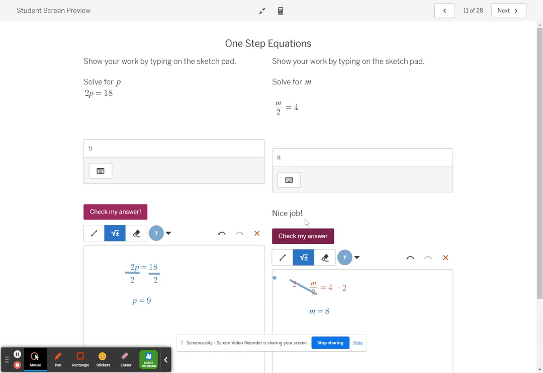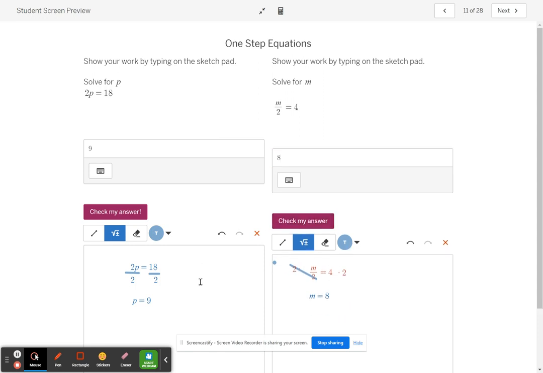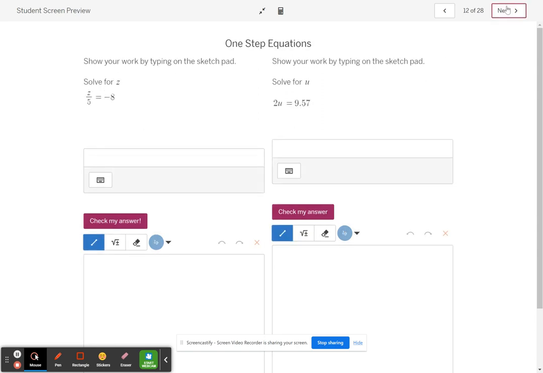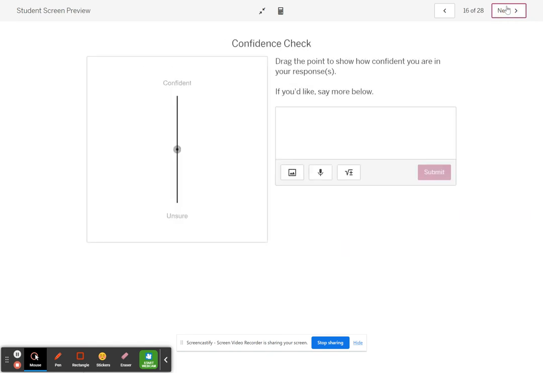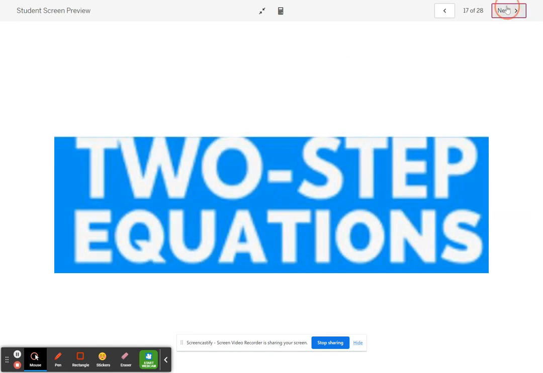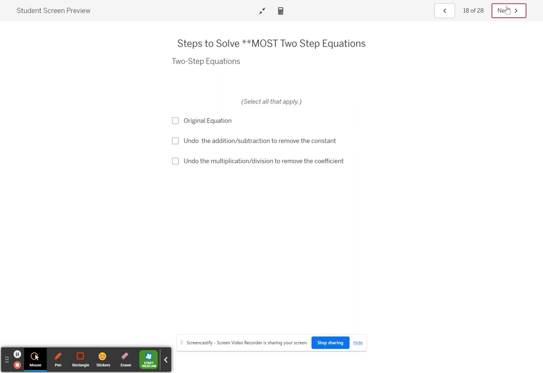So you guys did fantastic in class on learning how to type the math, but this is my expectations on the work part. So I'm just going to go through these slides. I'm not going to give you the answer. Everything is coded correctly. But when we get into the two-step equations, that's where you want to kind of look out. We have the original equation. I want you to do that.